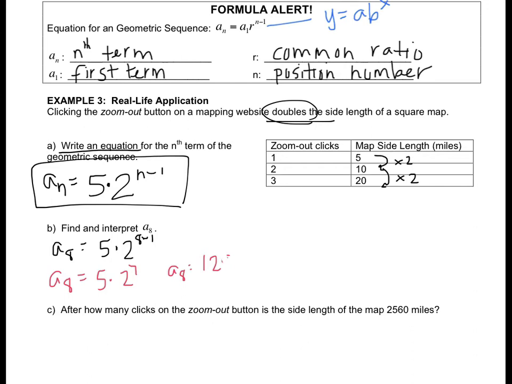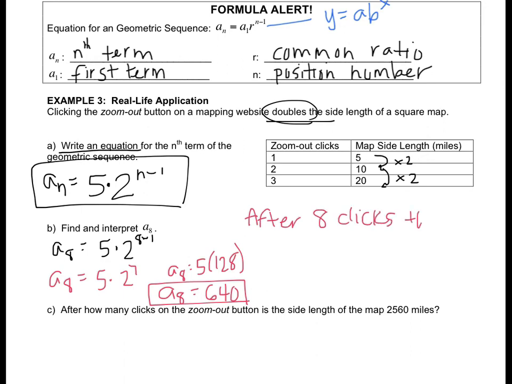Oh, whoops, I forgot the 5. Times 5 is 640. So 640 is the 8th term. Now I have to explain what it means. So after 8 clicks, the map side length is 640 miles.